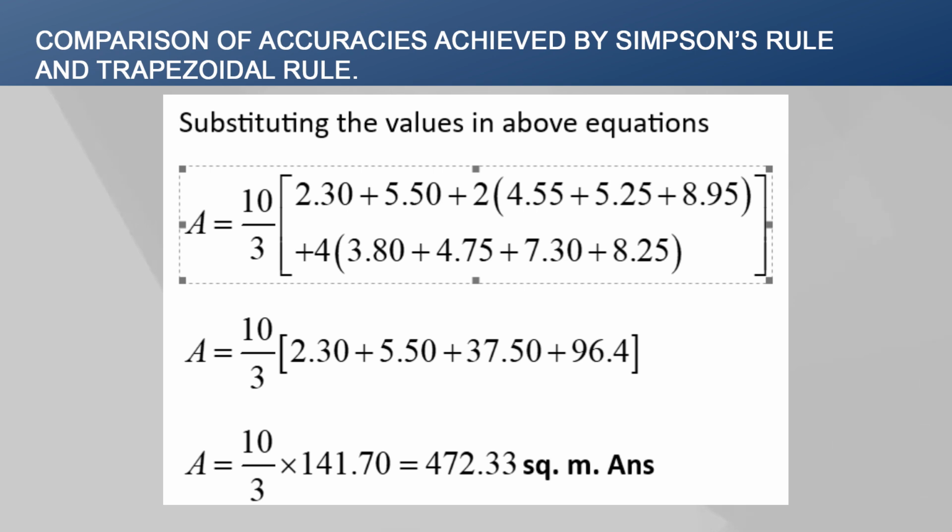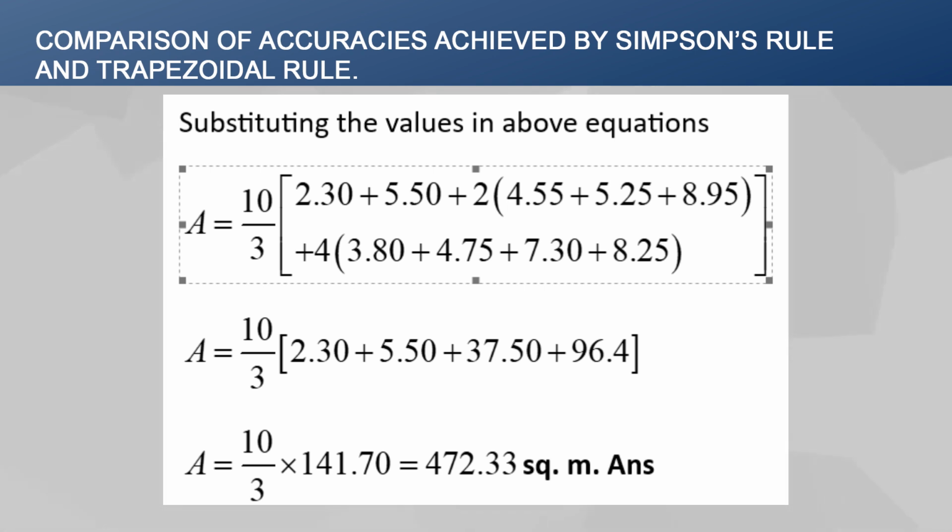So, when we substitute values in the above equation, we will get A is equal to 10 by 3 multiplied by first offset length 2.3, last offset length 5.5 plus 2 into sum of remaining odd offsets, which is 4.55 plus 5.25 plus 8.95, plus 4 into sum of remaining even offsets, which is 3.8 plus 4.75 plus 7.3 plus 8.25.